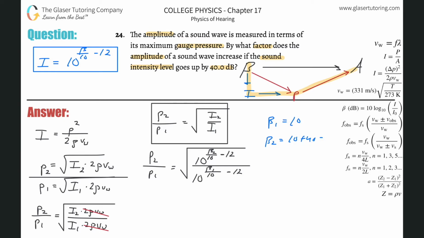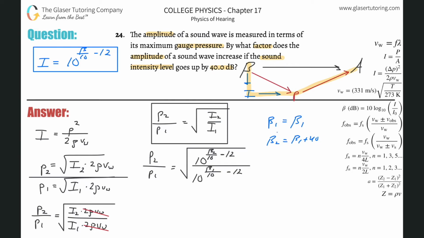So basically what we're saying is this. You can take your beta 1 value, so beta 1 is equal to, let's just say itself, beta 1. I know that's a little strange. And then beta 2 would be equal to beta 1 plus 40. Doesn't that make sense? If the sound intensity level goes up by 40, that means the second beta value would be the original plus 40.